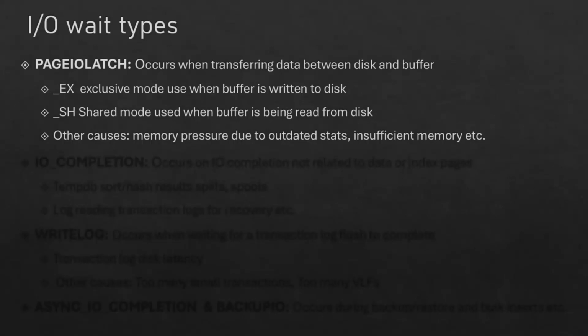Now, as I mentioned earlier, this won't give you the right idea that there is an IO problem, as there are other root causes for this wait type. Let's say your buffer size is very small. In that case, there will be frequent reads and writes happening. If you have insufficient memory, you have to always harden the things written to your buffer, because your memory is very small and needs to accommodate all the requests.